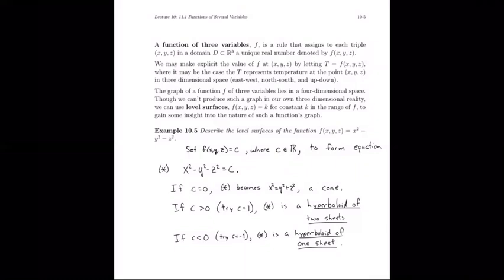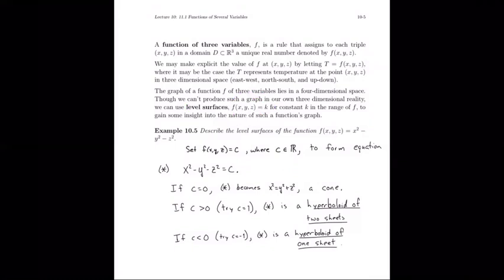So what we'll do in this case is we'll talk about level surfaces, which are a lot like level curves, only the result of each one of these is actually a surface versus a curve. So we set the output equal to a constant, just like we did for f of x, y, and then we determine what surface results from that in an equation of x, y, and z with a constant.